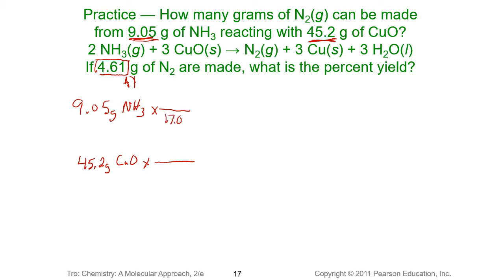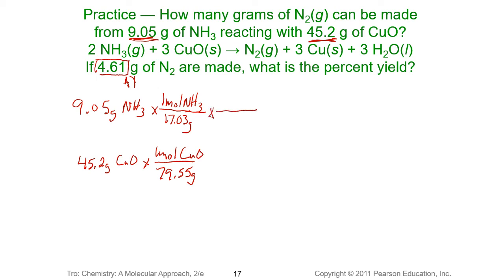So 17.03 grams if we add up the mass of nitrogen plus 3 hydrogen. It's 1 mole of ammonia. And if we look at the copper 2 oxide, 79.55 grams is 1 mole copper 2 oxide.